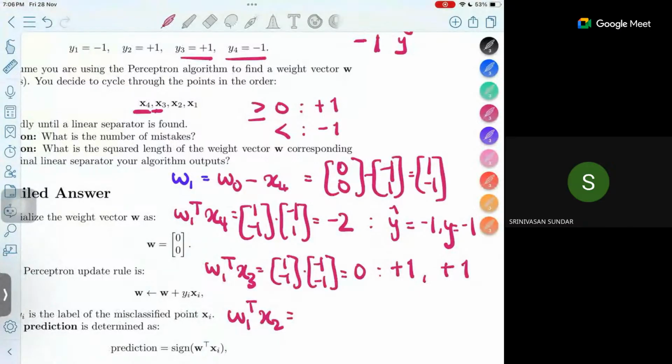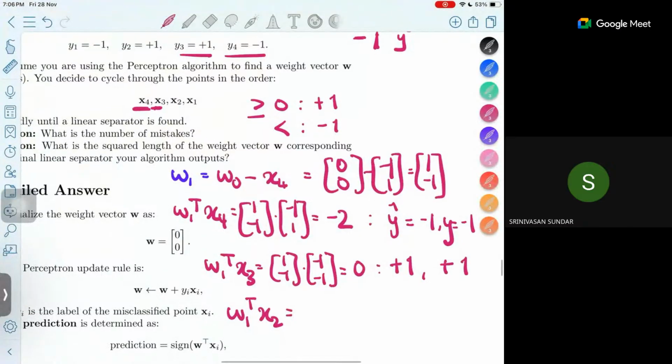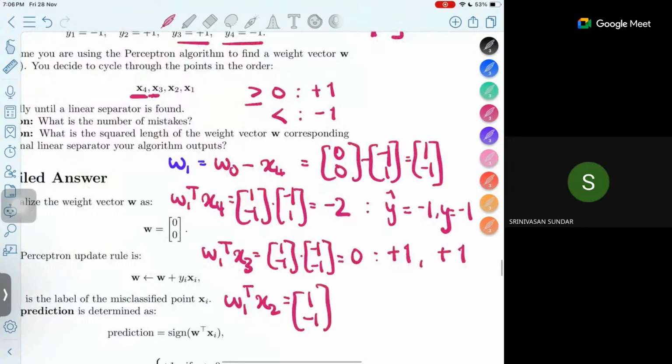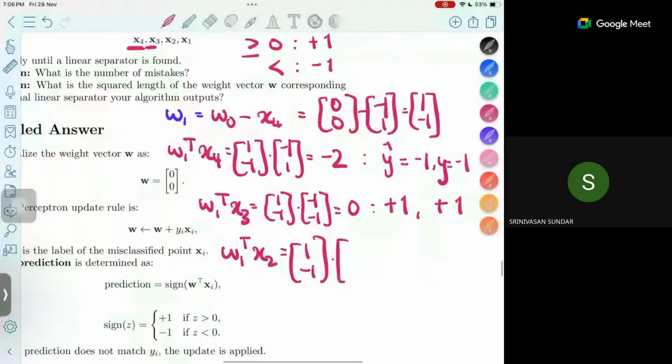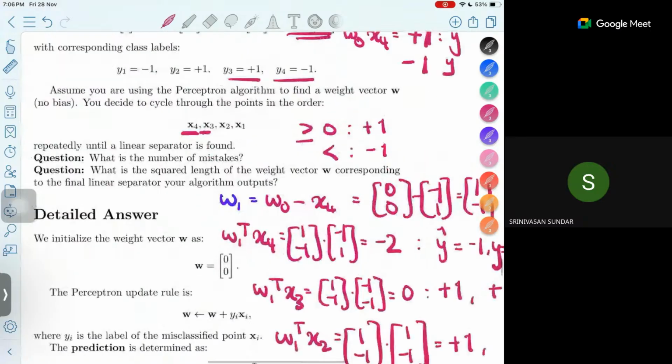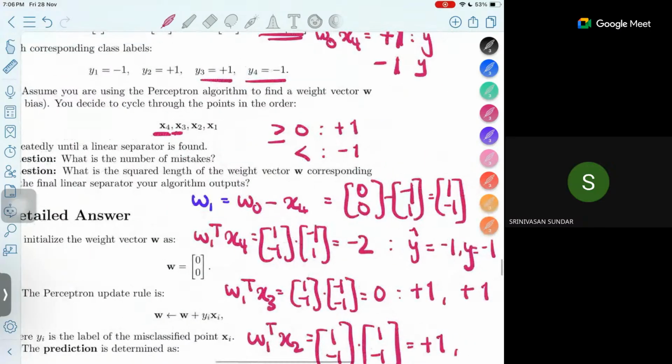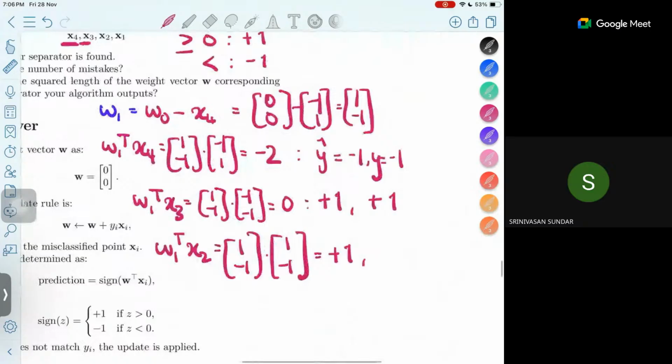W1 transpose x2 is 1 comma minus 1 dotted with 1 comma minus 1. So this is 2. 2 is greater than 0. So this is the label plus 1, and y2 also has the label plus 1. So we are good so far.